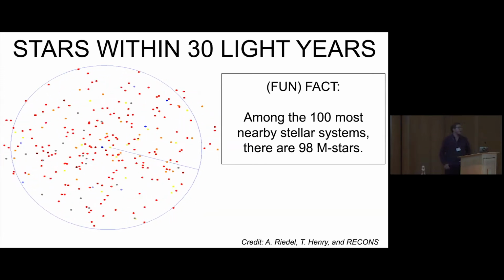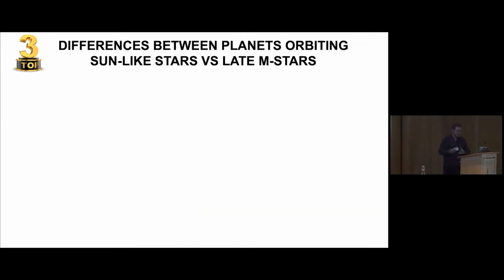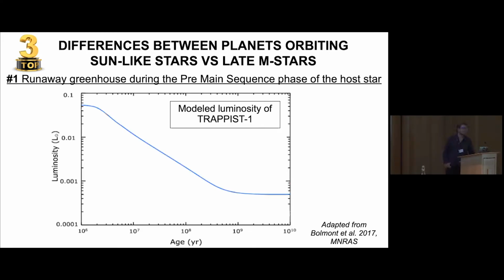But before I go further on how to model these objects, I would like to remind you of a few differences you might expect between planets orbiting a sun-like star, like the one in the solar system, and planets orbiting low mass stars, and even more so very low mass stars. The first difference, already pointed out during this week, is the way the luminosity of the host star behaves through time.